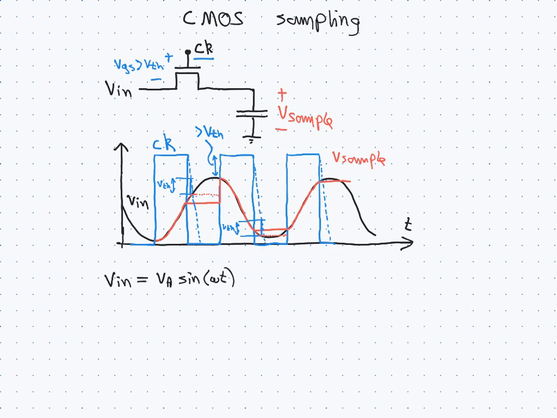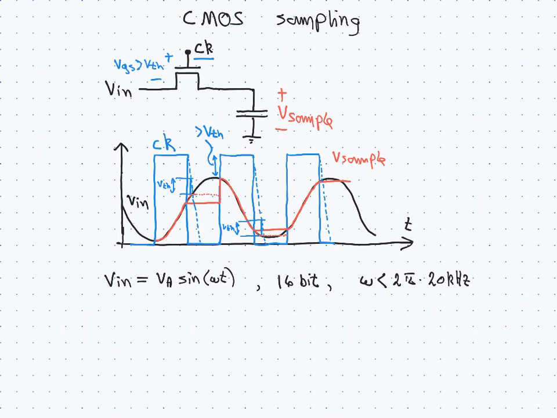Now, to put this into perspective, let's think of an input voltage which is a sinusoidal signal, and let's assume that we are sampling audio. That is, we have 16-bit resolution and a frequency of 20 kilohertz or lower.